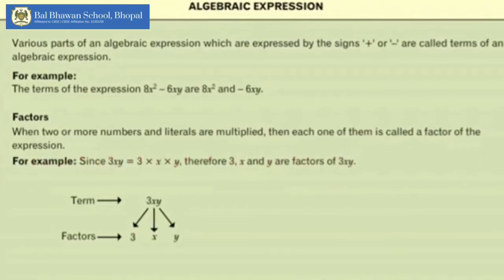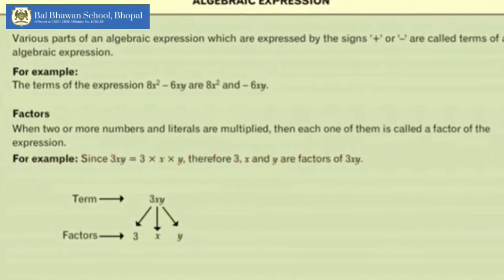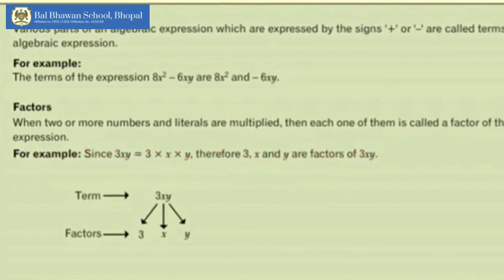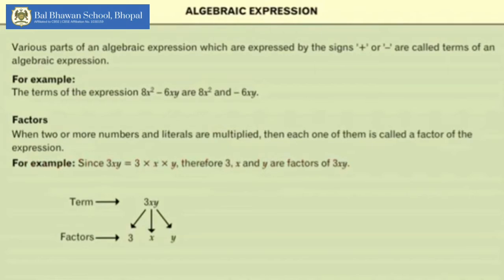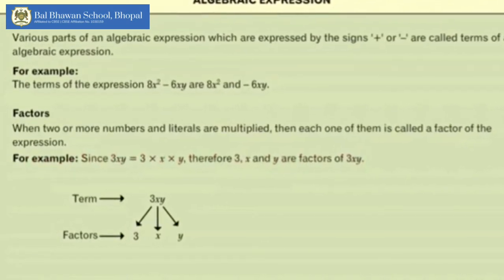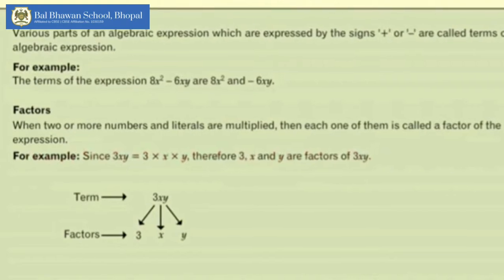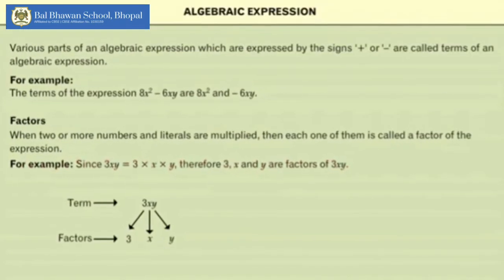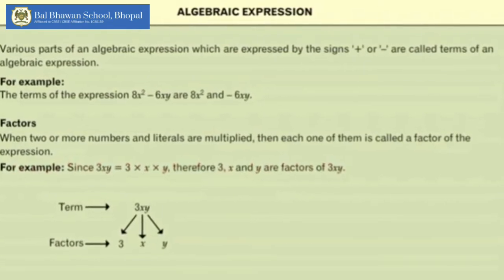Various parts of an algebraic expression which are separated by the sign plus or minus are called the terms of an algebraic expression. For example, the terms of the expression 8x square minus 6xy are 8x square as one term, and minus 6xy as another term. Factors.